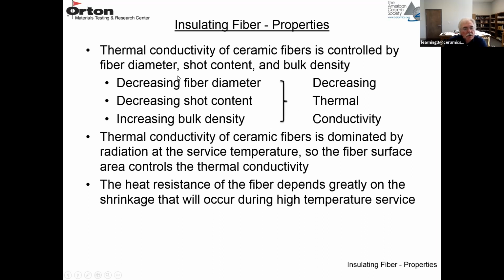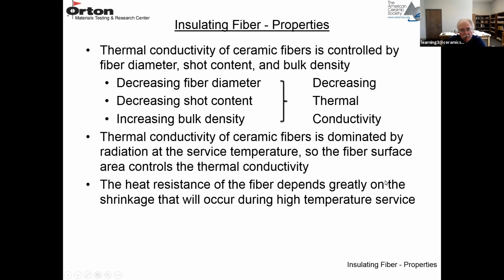So decreasing fiber diameter, decreasing shot content, and increasing bulk density all decrease the thermal conductivity. The thermal conductivity of the ceramic fibers is dominated by radiation at the higher surface temperatures where radiation is important. So the fiber surface area actually controls the thermal conductivity.